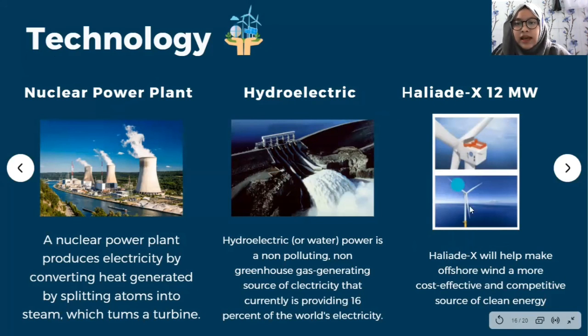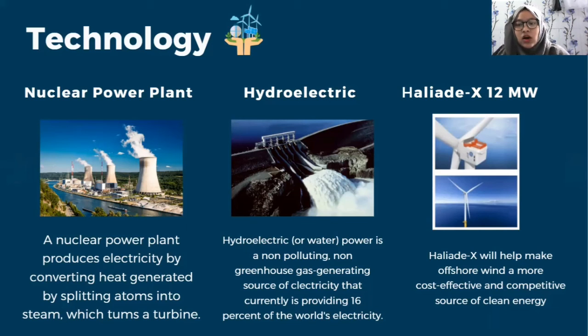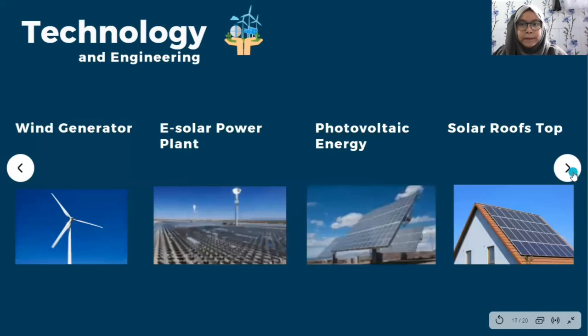Here is Haliade-X 12 MW. Haliade-X will help make offshore wind a more cost-effective and competitive source of clean energy. So here is the technology and engineering such as wind generator, solar power plant, photovoltaic energy, and solar roof.